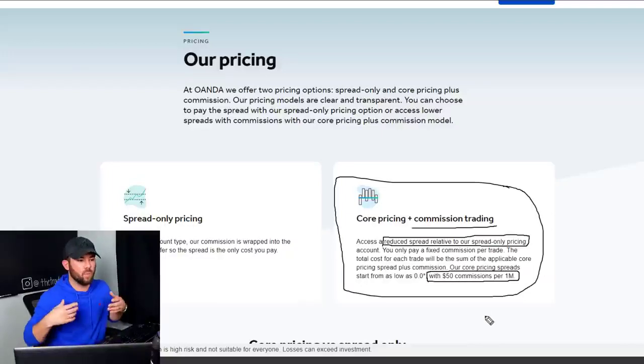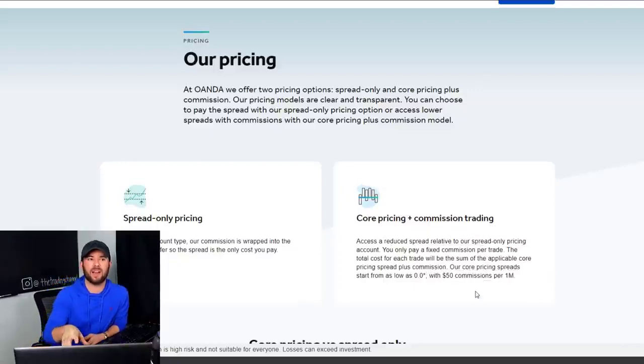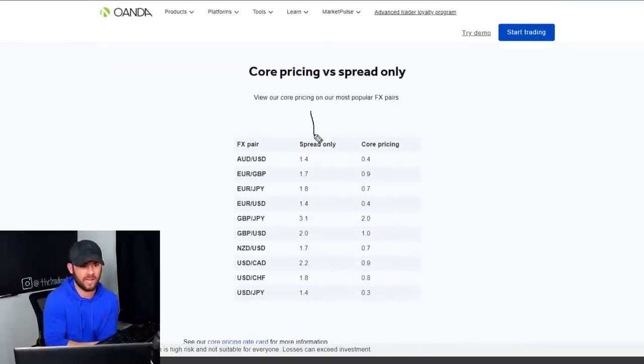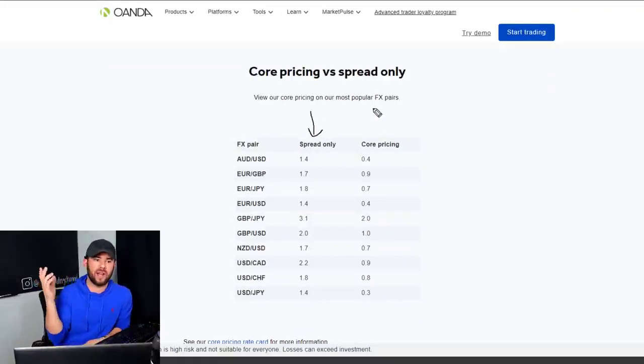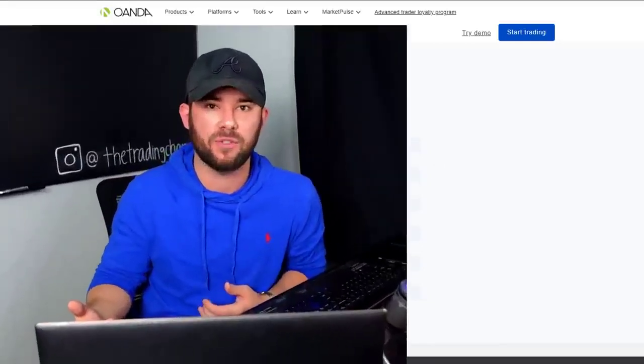So this is something that I would never suggest to someone with a small account, because of the amount of money you're going to be making. Let's just picture this for a second. Let's say you have a $1,000 account and you want to trade a full standard lot and you have a $50 risk on that trade. Well, the reason I tell people to shy away from a commission-based account if they have smaller accounts is because the spread may not affect you too bad.